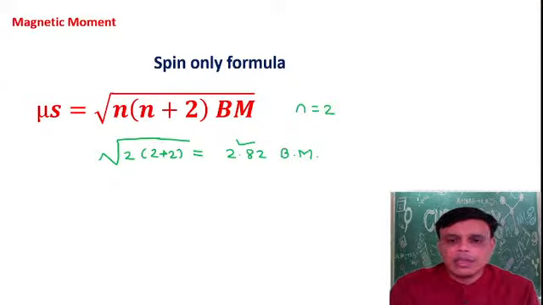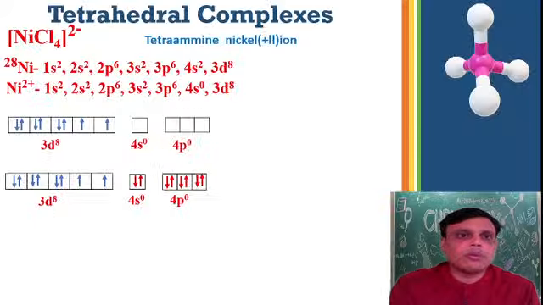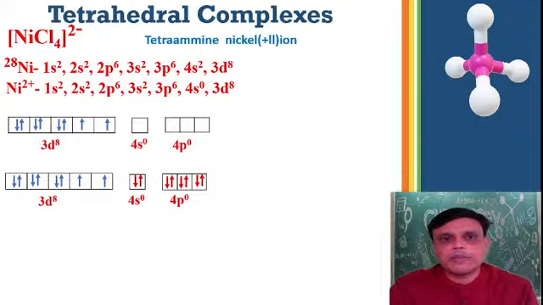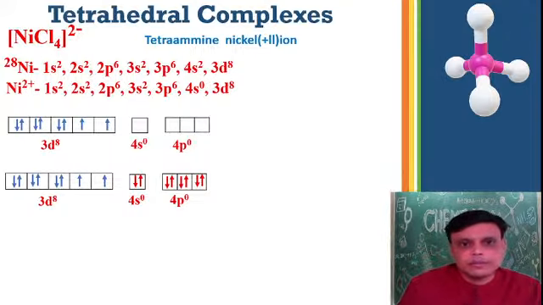Okay, so this is the spin only formula. Then let us check once again what we have done, and it is correct. Here 4s2 3d8 is the valence shell electronic configuration. Then nickel 2 plus will show 4s0 3d8. Now here 3d8, 8 electrons are there. Correct. That means this is also correct.